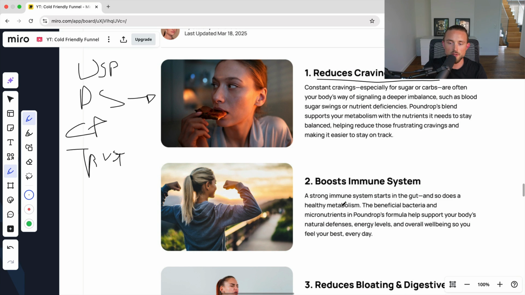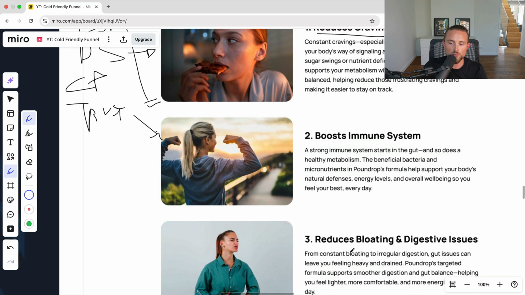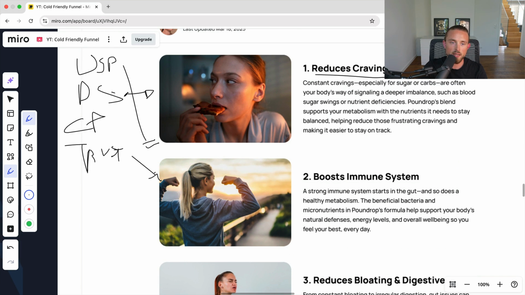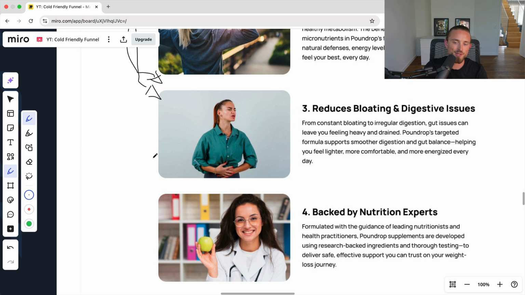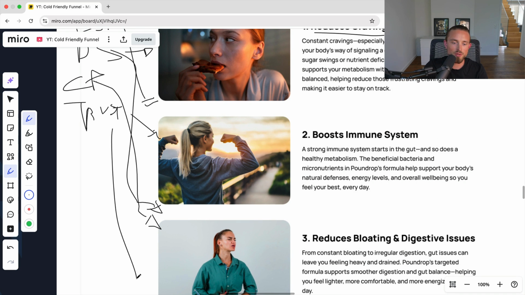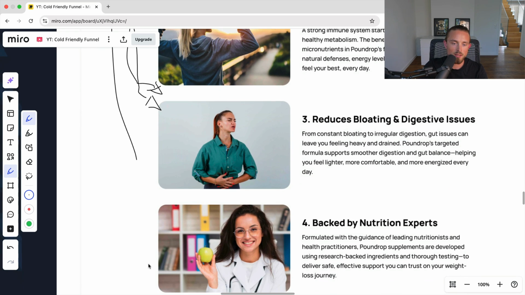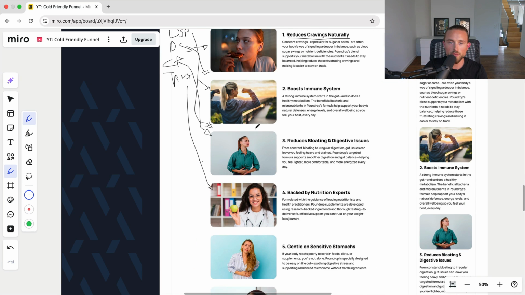Boost immune system, that's a bit more general, I would say, USP and trust. Reduces bloating, digestive issues is again desired situation, and a bit of their current pain. This is not going to look good, but just to drive the point home. Then again, here we have trust. Here we have trust with the doctor. So that's basically the mixture that we do here.